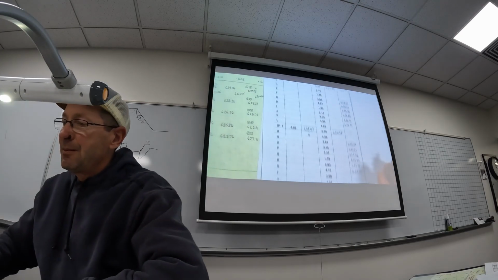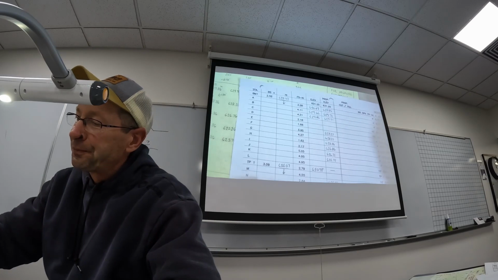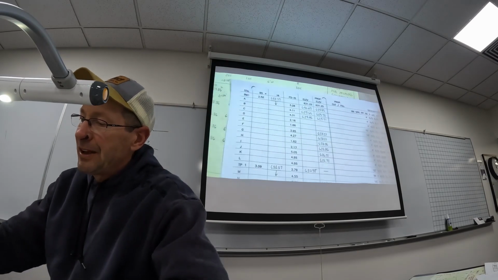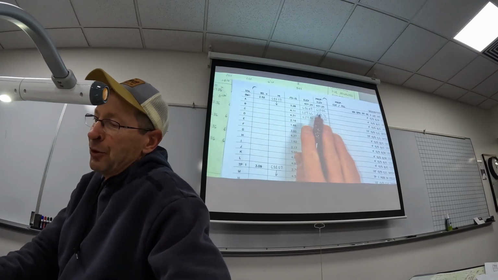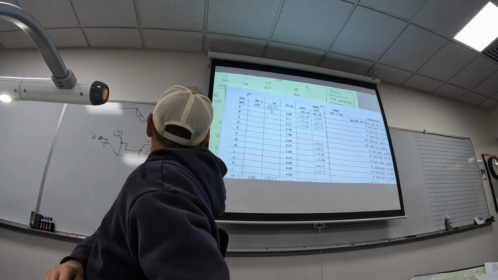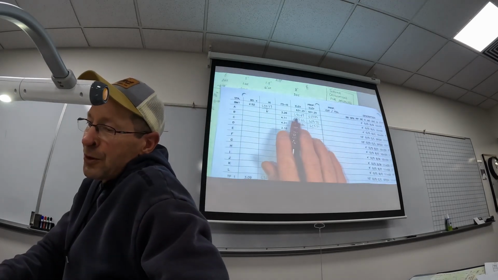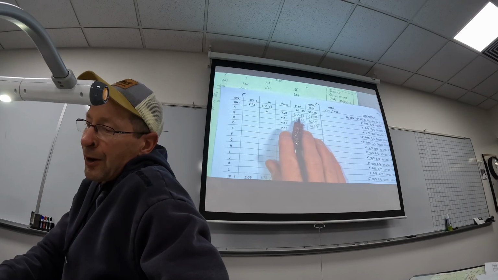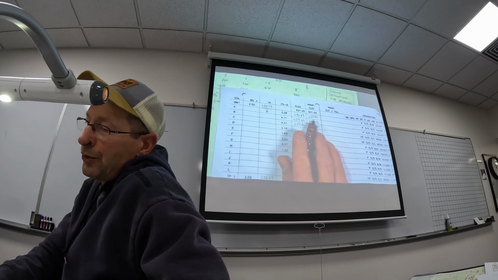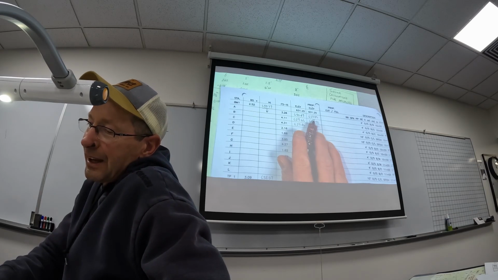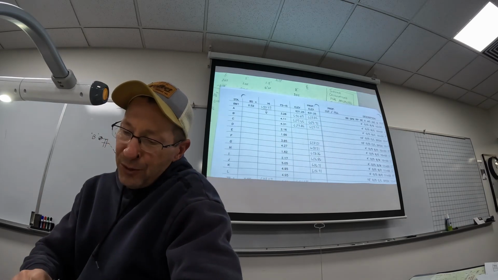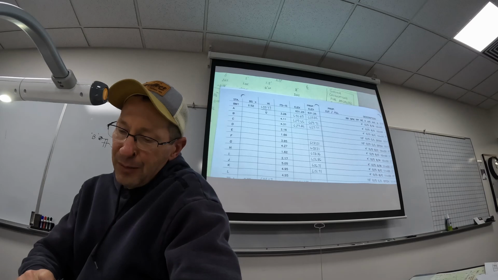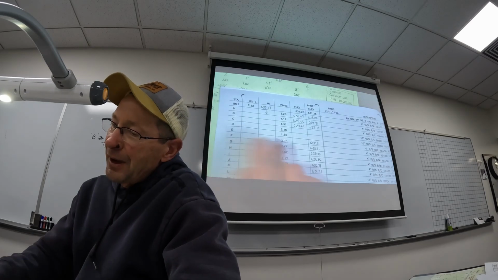So let's go back up to A, B, and C. Let's look at the differences now, because we've got to give them the proposed cut or the proposed fill. So what's going on here? Our hub is at 630.49. The proposed back of the walk is 629.86. So what's the difference between those two? Let's do the math. 630.49 is my hub.